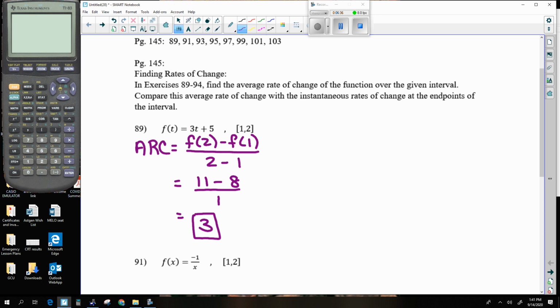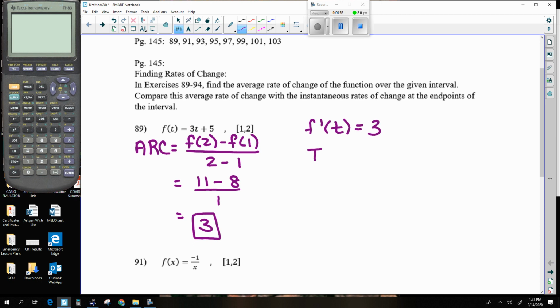Compare this to the instantaneous rates of change at the endpoints of the interval. So the instantaneous rate of change when t is equal to 1. Let me back up just real quick: f prime of t is 3.